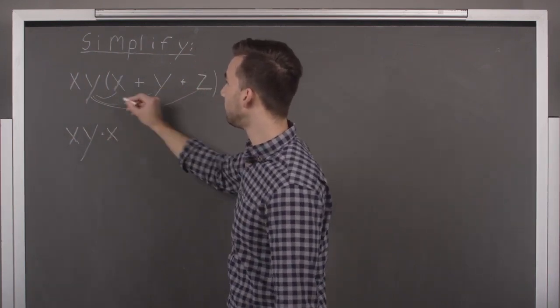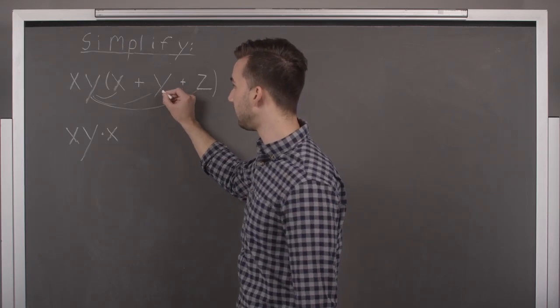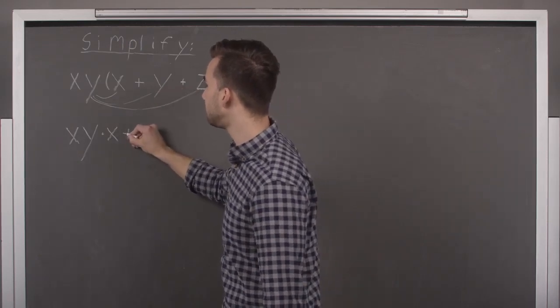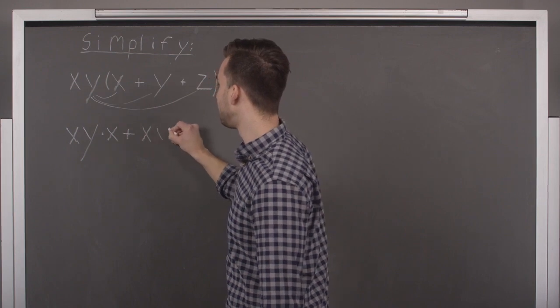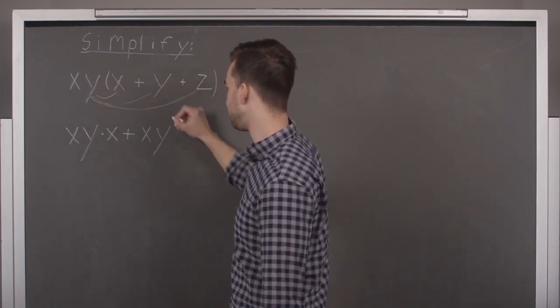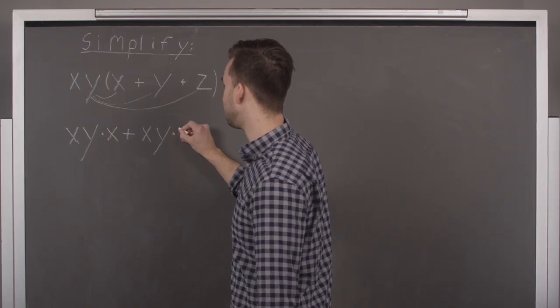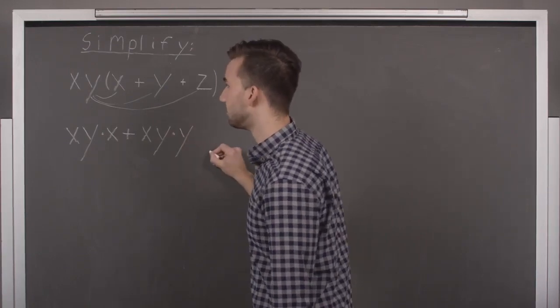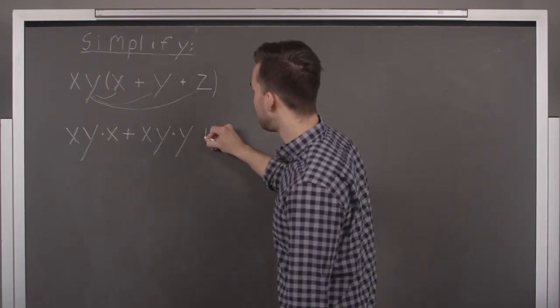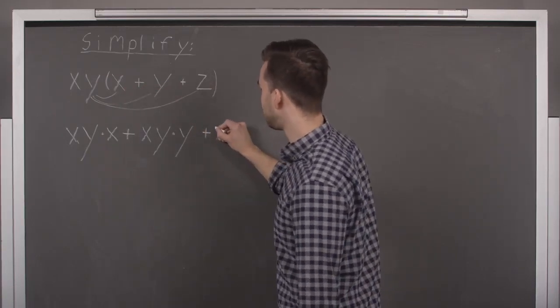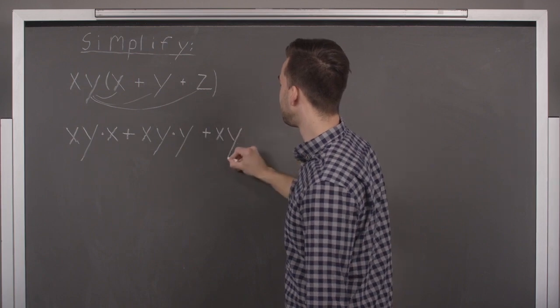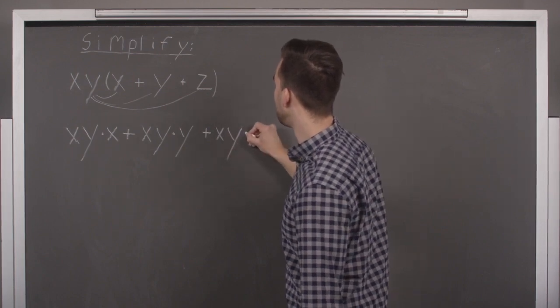And then we do times our second element, second variable inside the parenthesis, xy, right, which is our outside again, times y, plus the outside times our third element, plus xy times z.